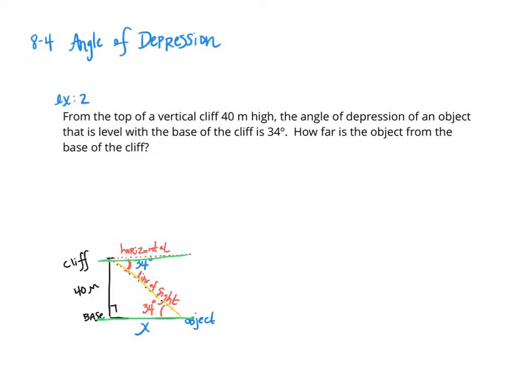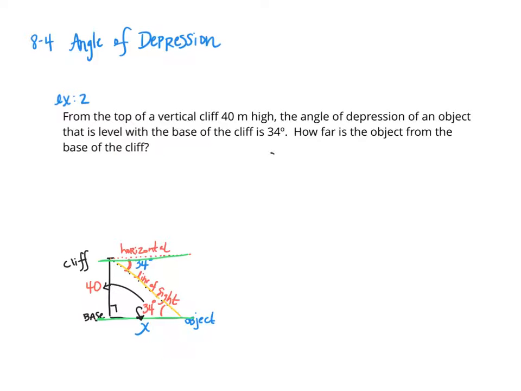So notice I'm going to erase this and just label it 40 without the meters. And I'm going to see what do I have in terms of the side. So here's my angle. It looks like I have an adjacent side right here, and it looks like I have an opposite side right here.